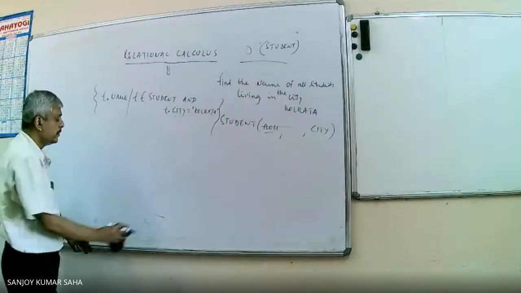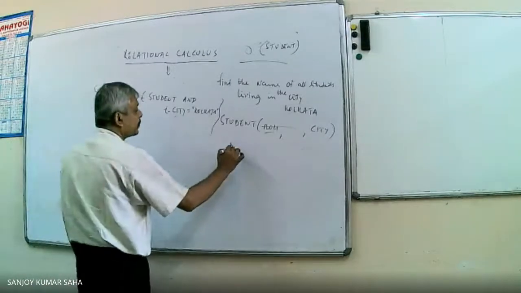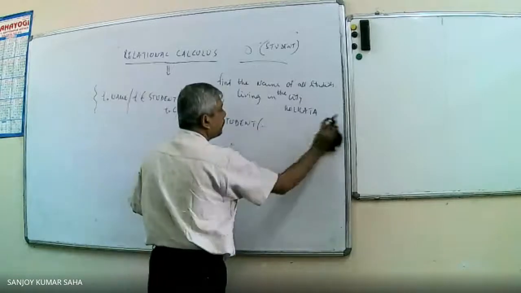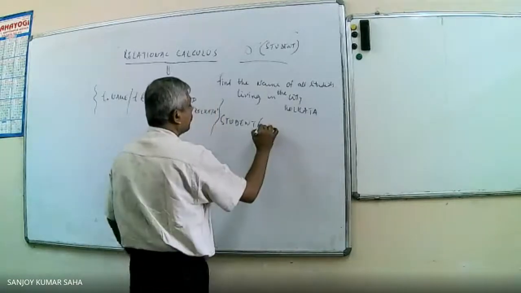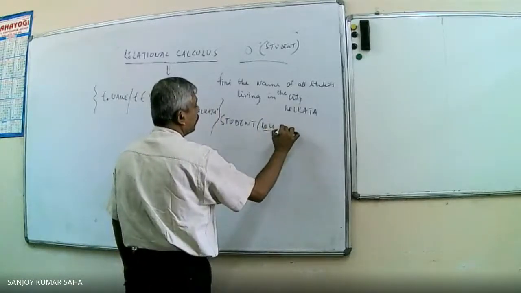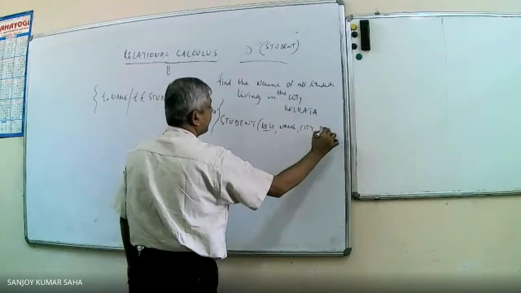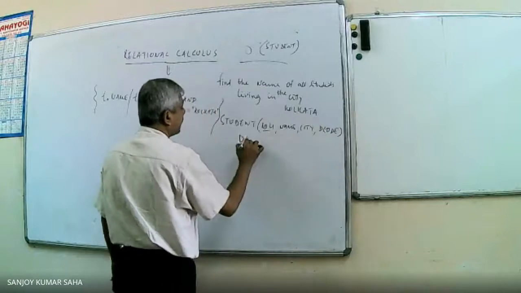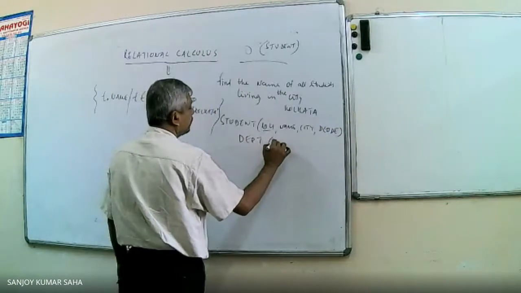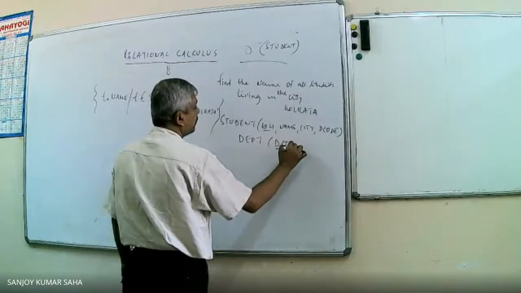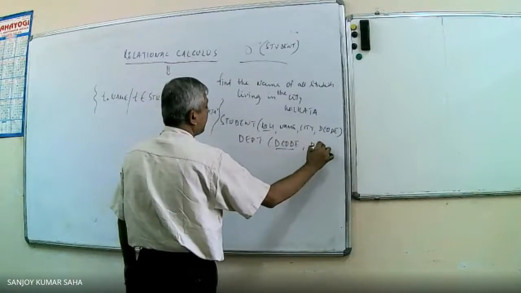Now suppose in our student schema we have roll, name, city, and the department code, and we also have a department schema with department code and department name.